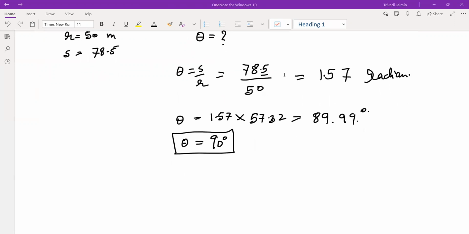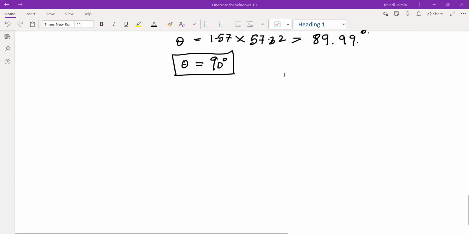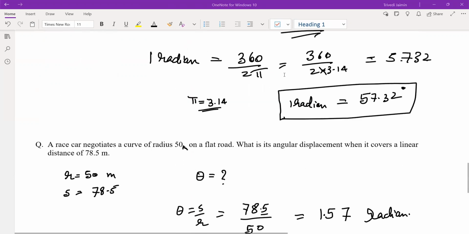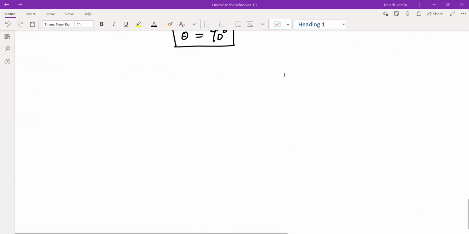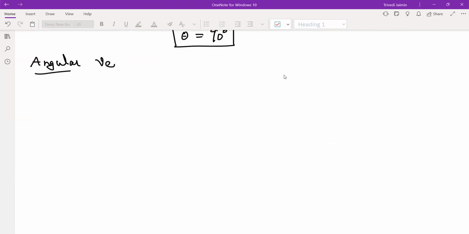So okay, let's go for the second thing. We saw angular displacement. Let's talk about angular velocity. As usual, what we studied in linear velocity, that's what we are going to discuss in angular velocity.